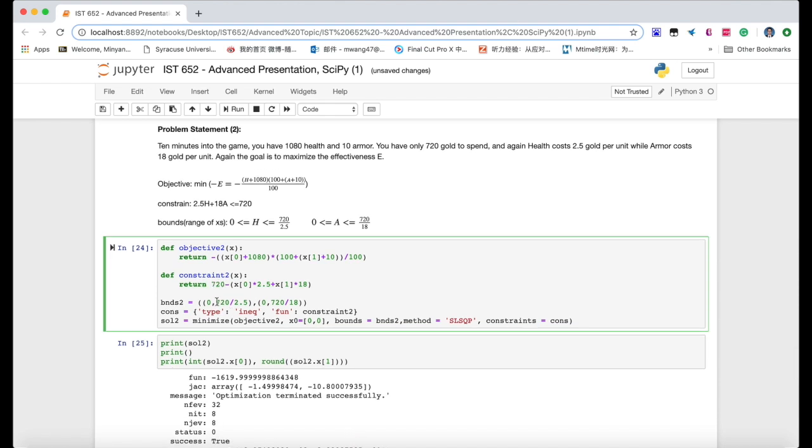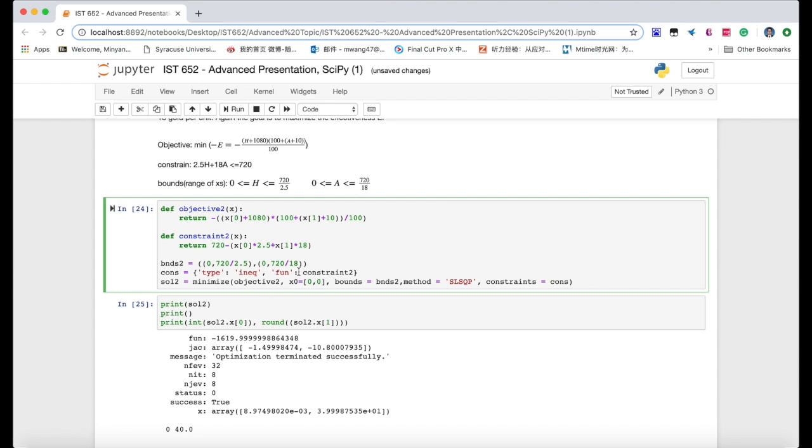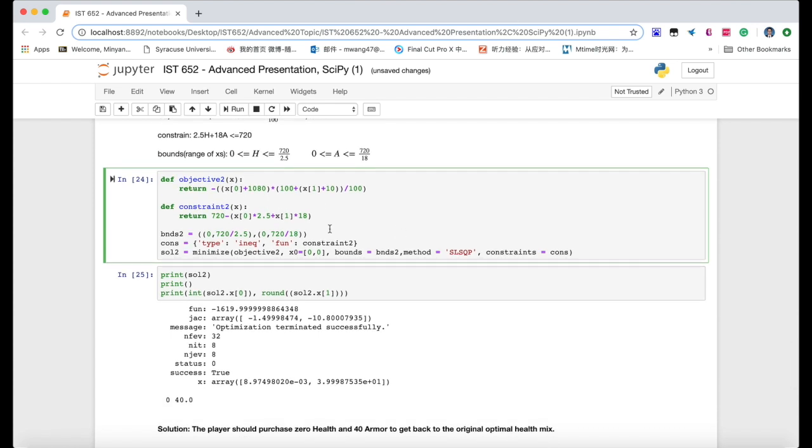The bounds also change because the money changes. In the constraint dictionary, the function we use should be the new one. And for this, we run this code.